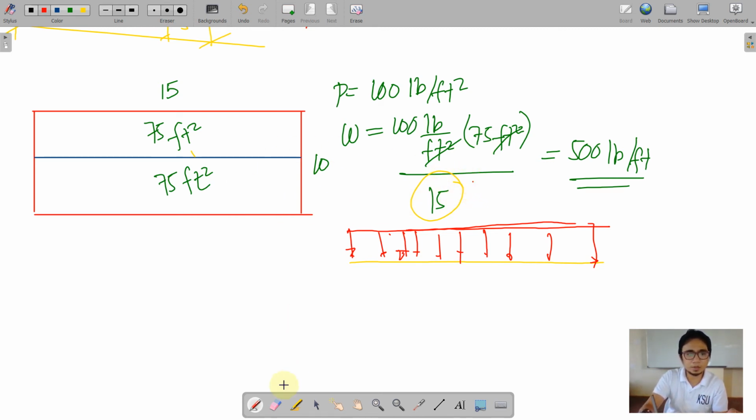Okay, this is the result. 7,500 now is equally divided to 15. Okay, 7,500 is equally divided to 15. So that is how it works. That is why 7,500 divided by 15, we have 500 pounds per feet. So this is the peak value.